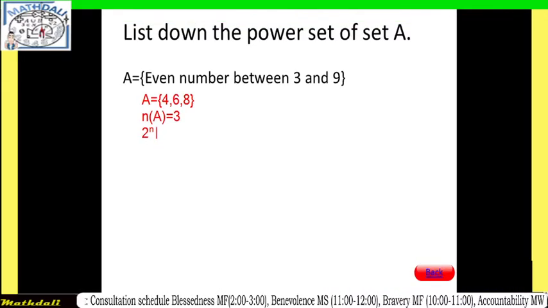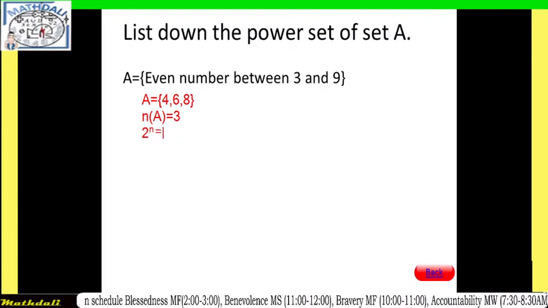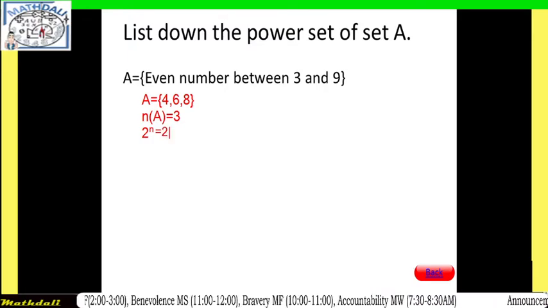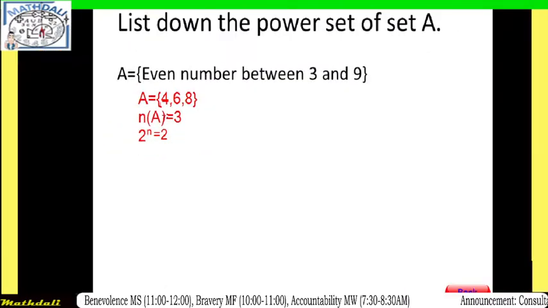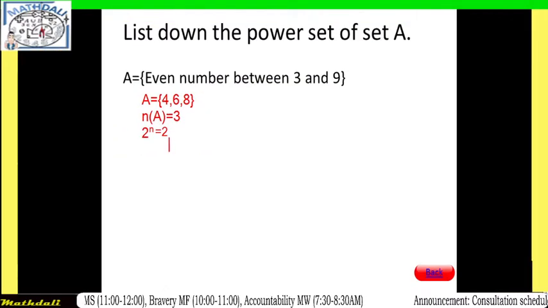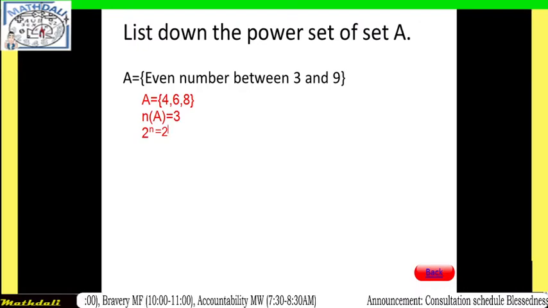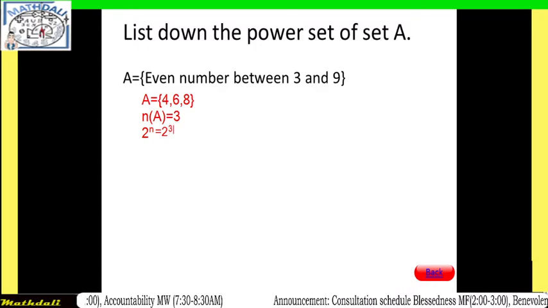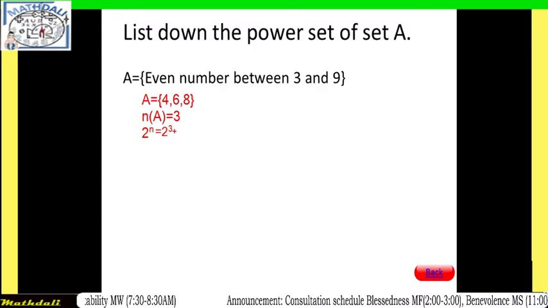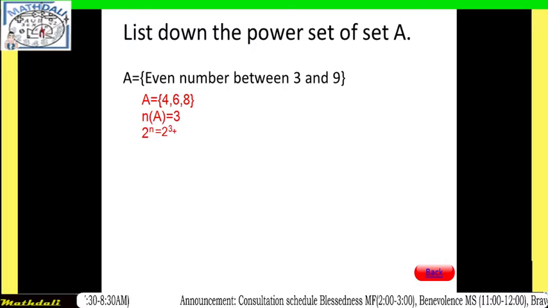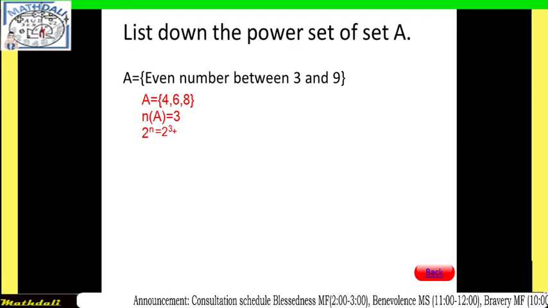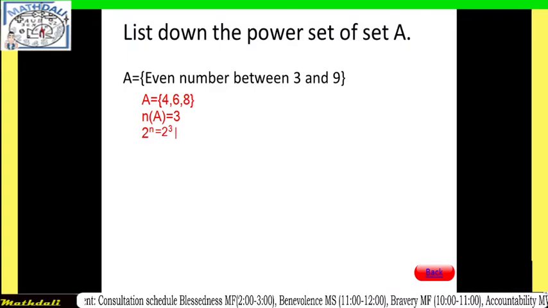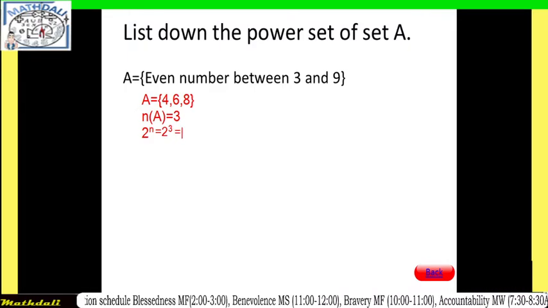So that will be equal to 2 raised to n. The 2 is constant, it doesn't change. Our n is 3, the cardinal number, the number of elements. As for what the exponent 3 means, since it will only be discussed in the second quarter, I'll teach it in advance.